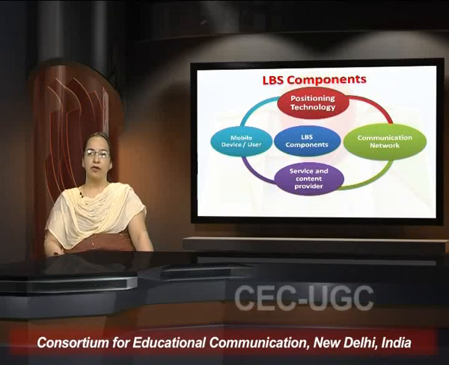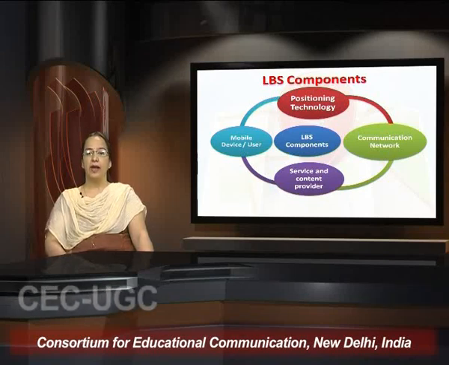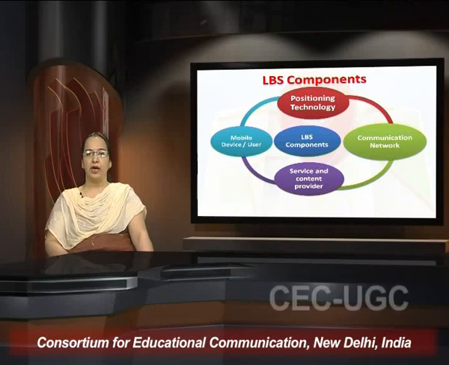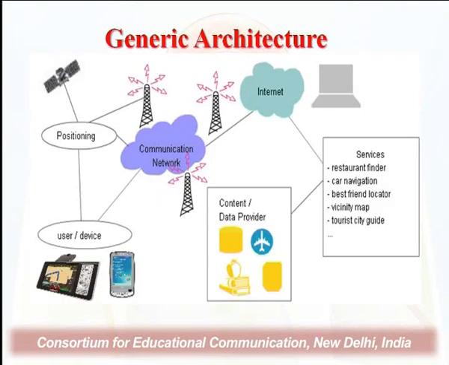So, taking from those GIS databases, which are actually stored with your service and content provider, content is taken from those service providers or content providers, and then it is given to the fourth component, which is the mobile device or the user.